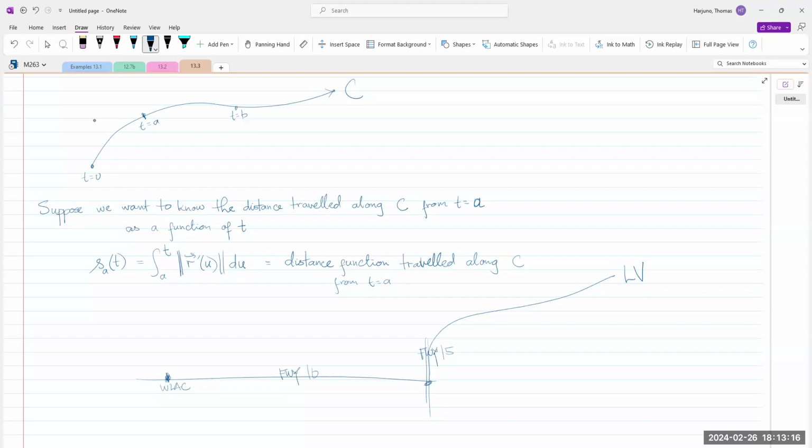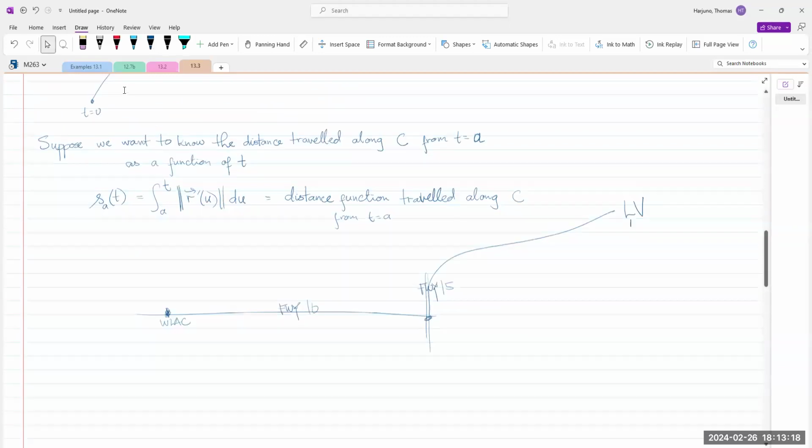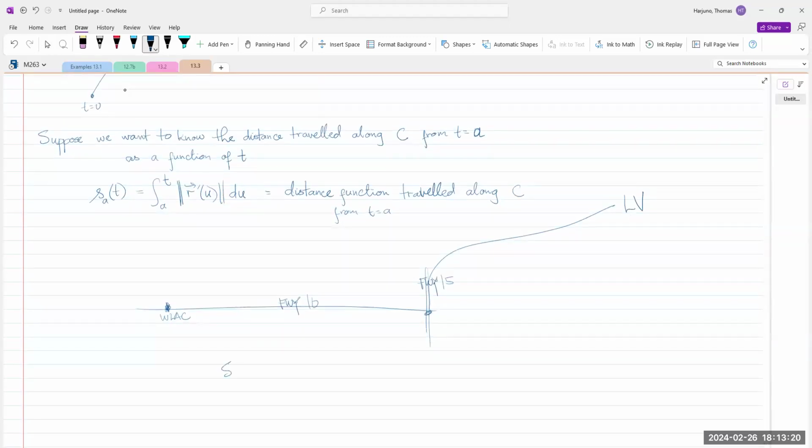Now, the question is basically as follows. Suppose somebody asks you how far you have traveled. Oh, I have traveled for 1.5 hours. Then can that person tell approximately how far you have traveled along this path?